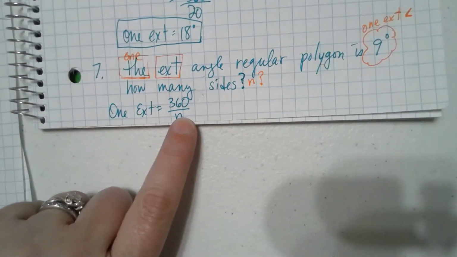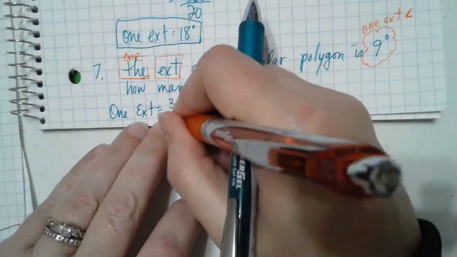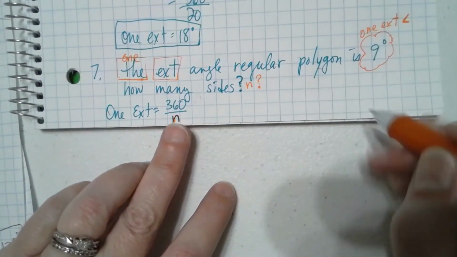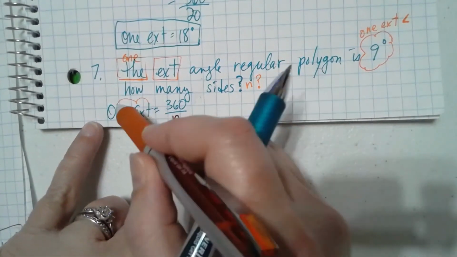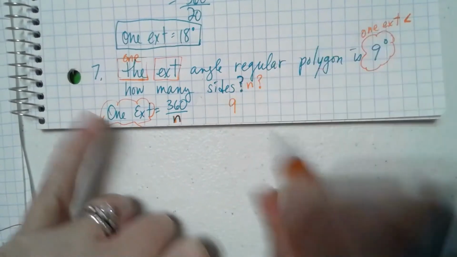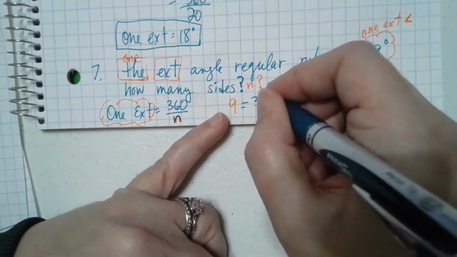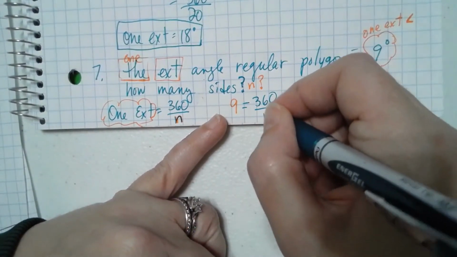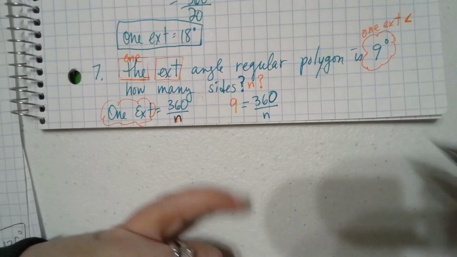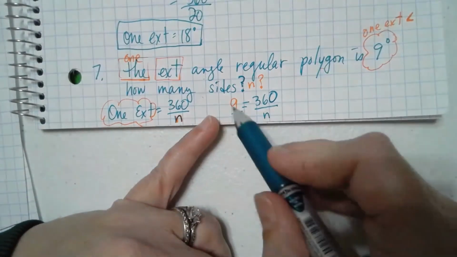So we're solving for n. So we don't know what this is yet. We don't put the 9 there because the 9 is not the number of sides. 9 is our angle. It's going to go over here for this one exterior. So this is going to say 9 equals 360 divided by some number. Okay? So here we're going to do a real quick little cross multiply.